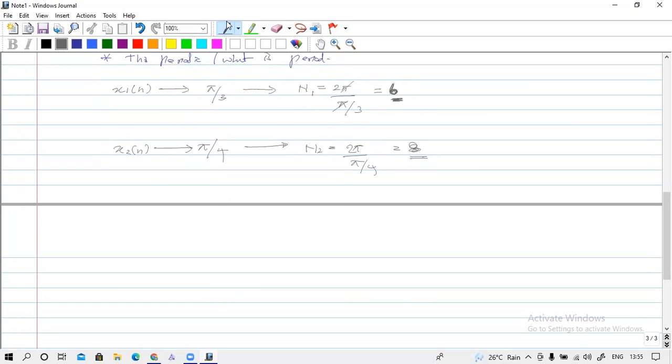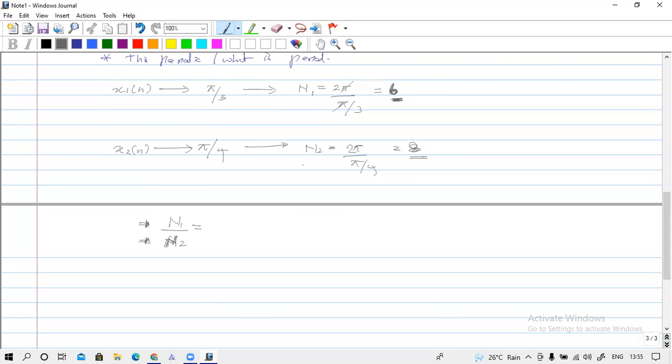We should take N1 by N2, no? This is the ratio, the ratio of the two fundamental periods of the two signals. Okay, so we have to get this ratio.